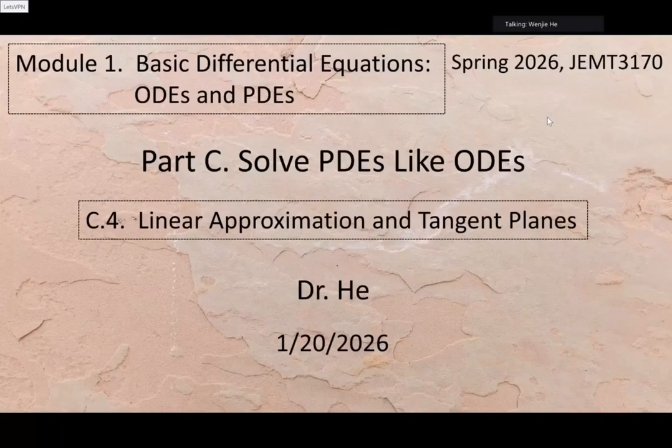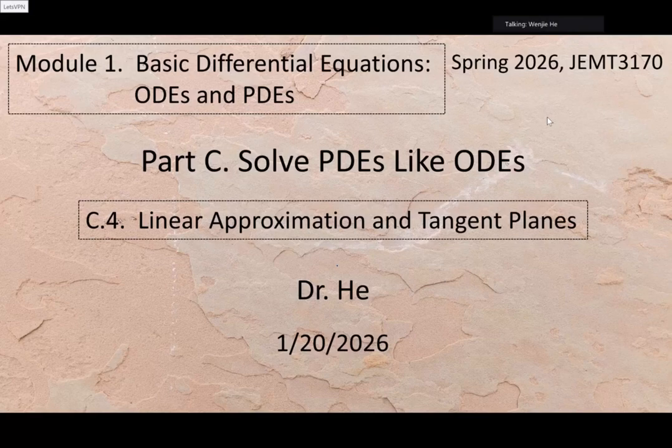Next, C.4, linear approximation and tangent plane. In the one variable case, we have this topic. Now we want to extend it to the multivariable case. In the multivariable case, we also want to do linear approximation.